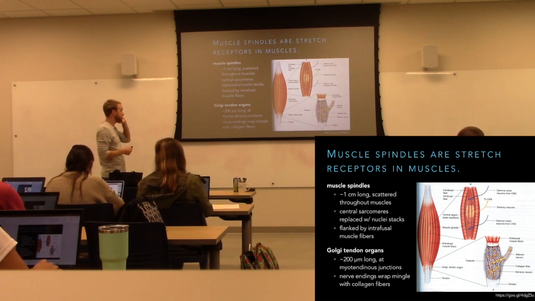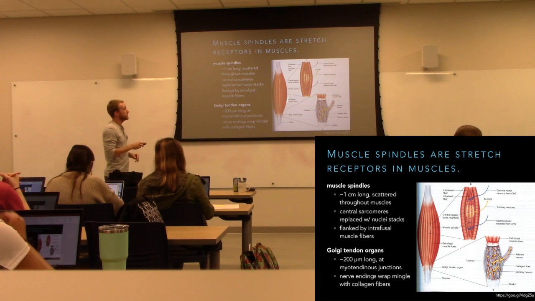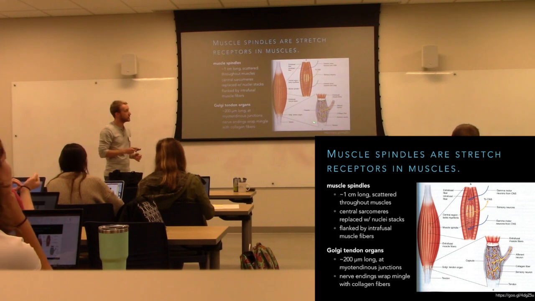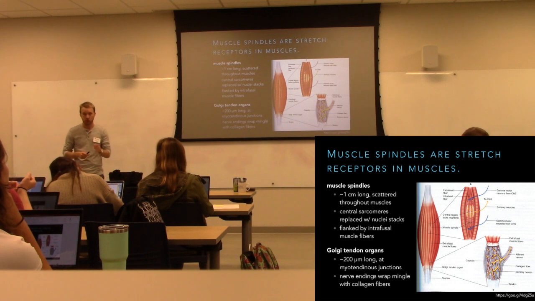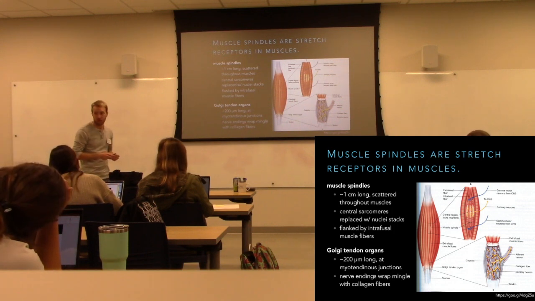That's what they are. The other sensory organ that we need to think about is the Golgi tendon organ. So those are not within the muscle, they're within the tendons. So here our sensory afferent is going to be intermixed with these collagen fibers so that whenever we have tension on the muscle, regardless of its length, when we're pulling on that tendon, that's going to stimulate stretch receptors in this afferent.